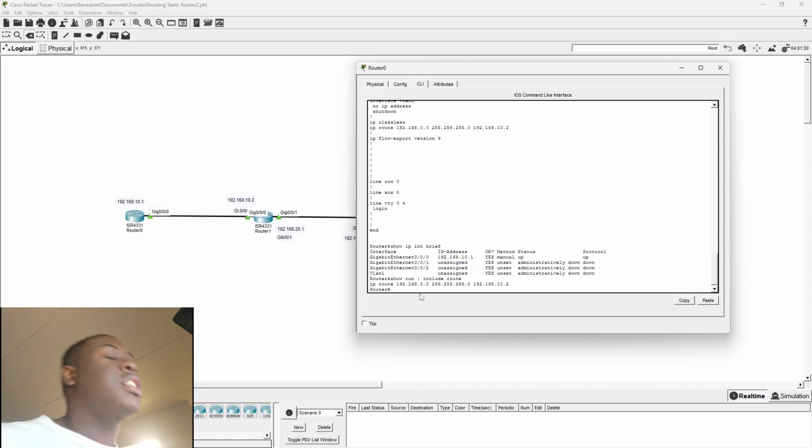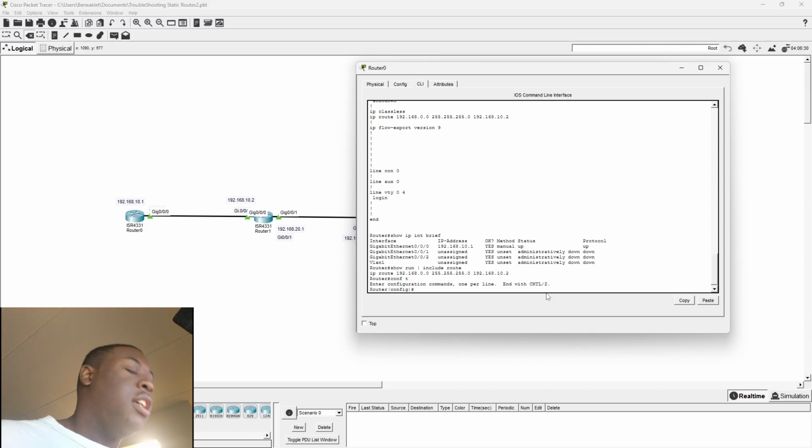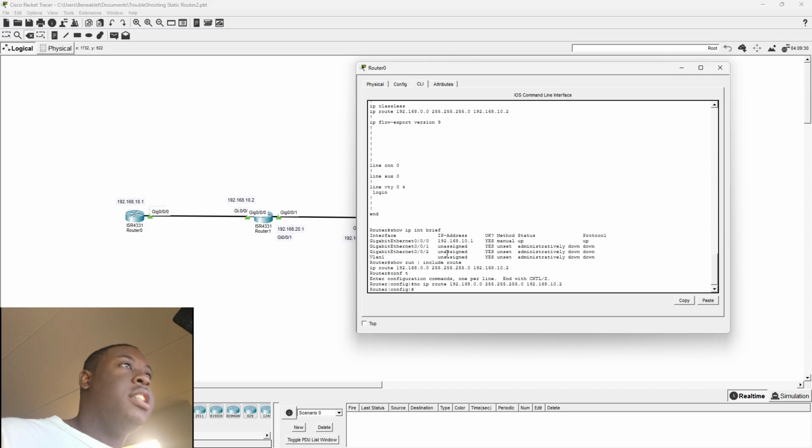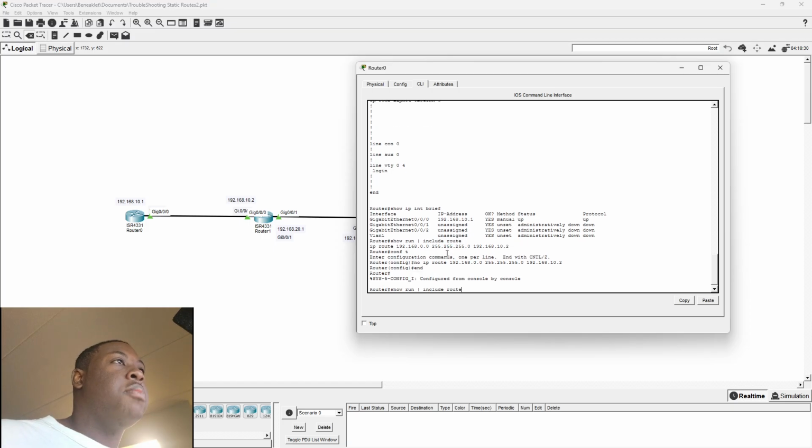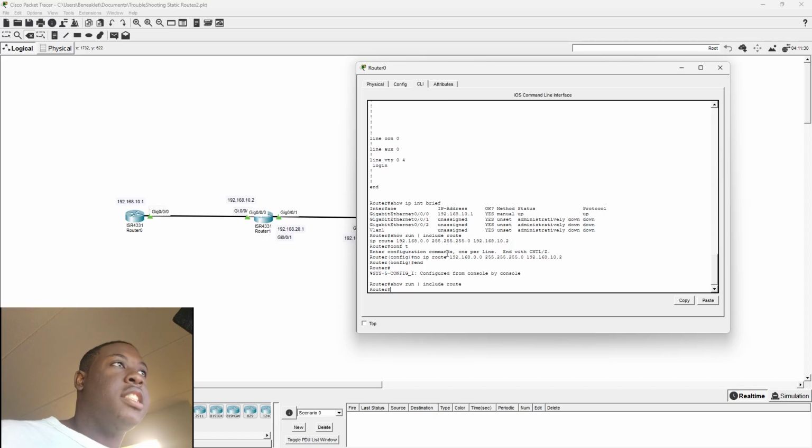So first of all, we can copy this command, go into configuration mode, and type no followed by the command, which removes it, and paste it. Now if we end and check again, there's no output, which means it no longer exists.